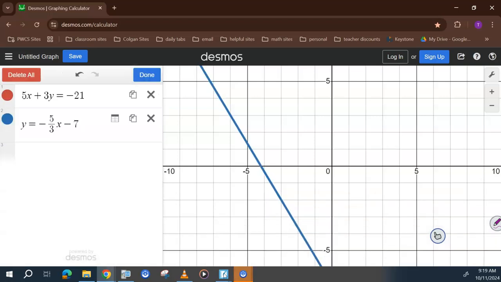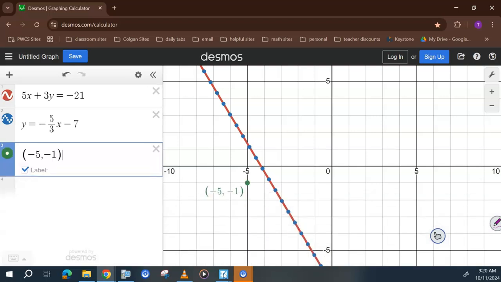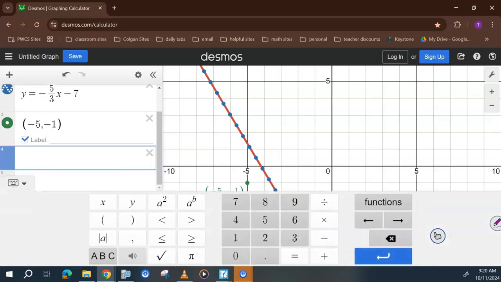So that happened really quickly, but they should have overlapped. So now I know that was the right equation. Then I'm going to put in my point. And I'm going to type in y equals mx plus b.